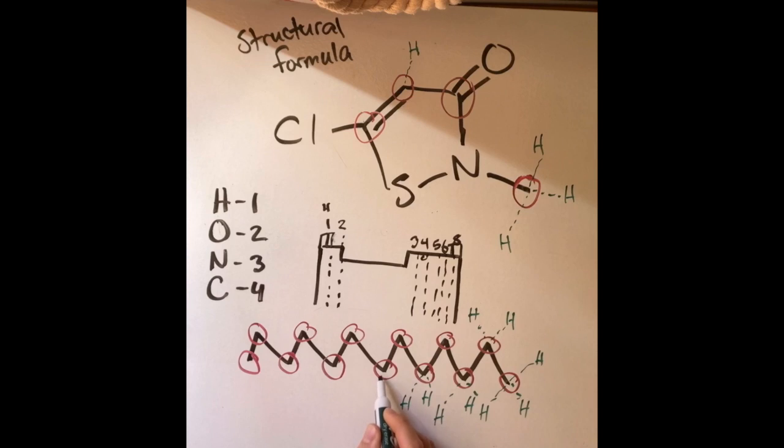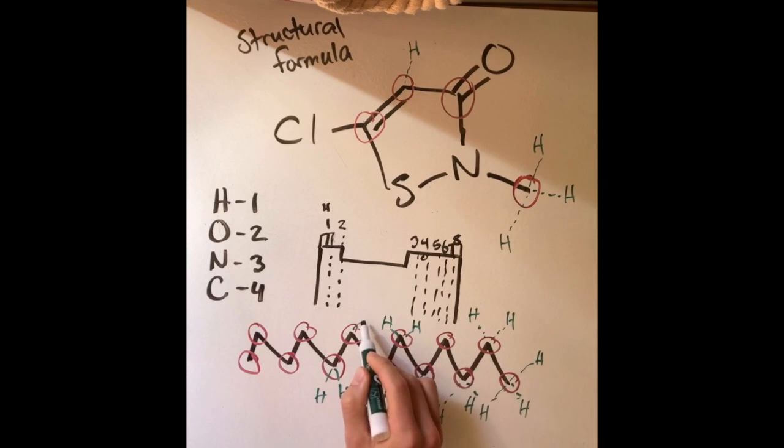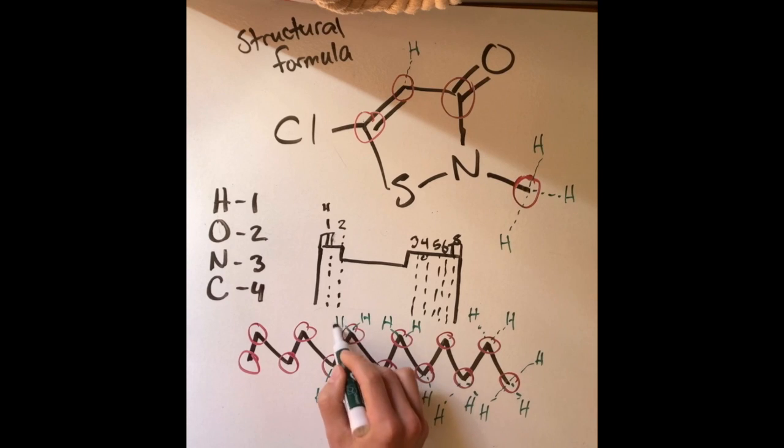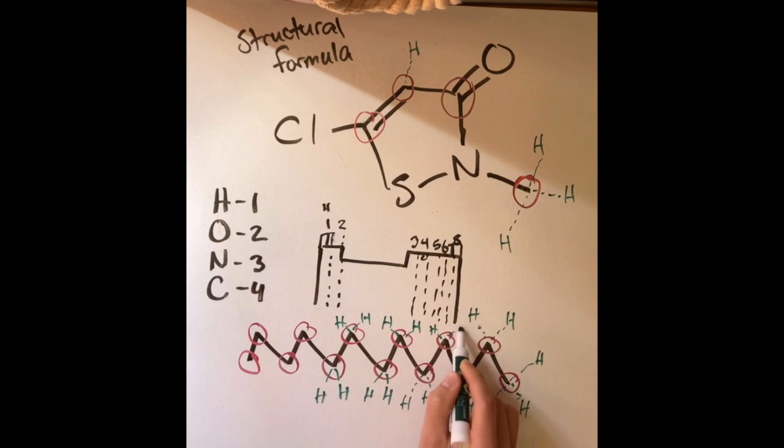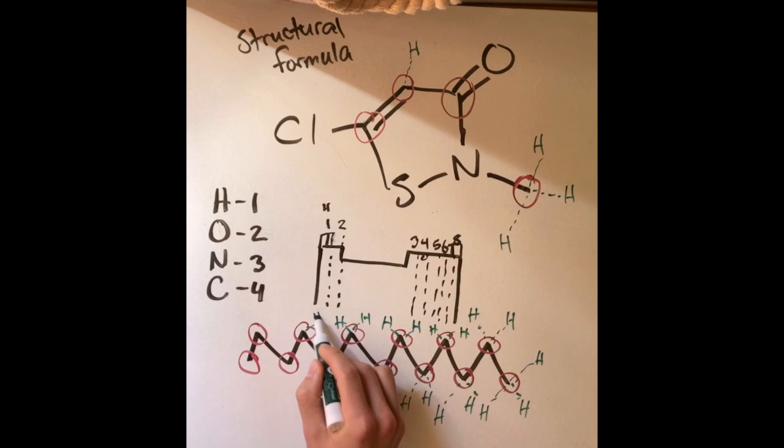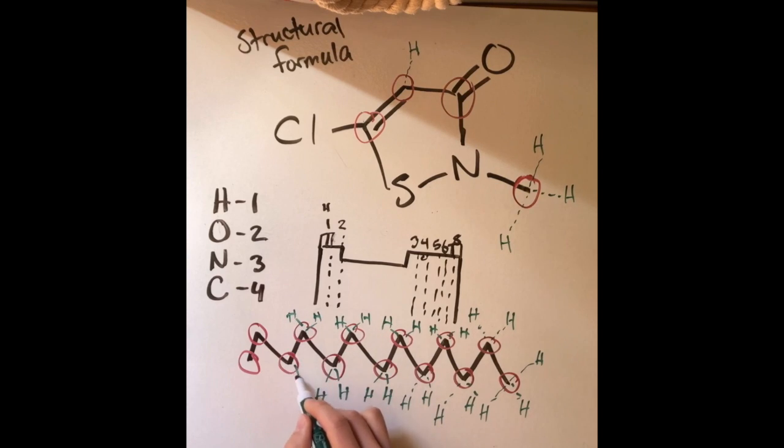But what you see here is that there's a ton of hydrogens, and if we actually drew all of them, you can start to see how messy it gets, honestly. There are so many hydrogens, and it's so hard to see what you want to see if you're spending time counting all the hydrogens.